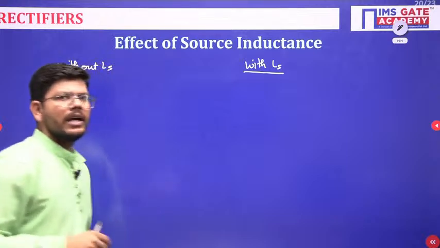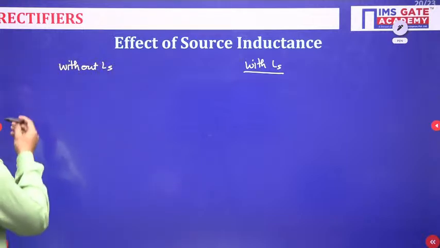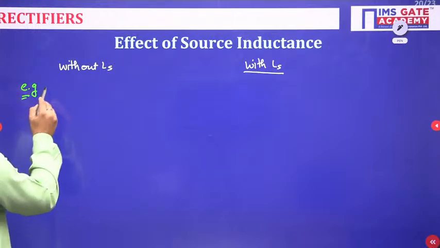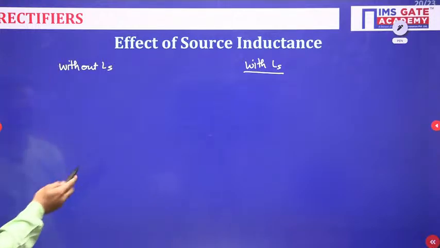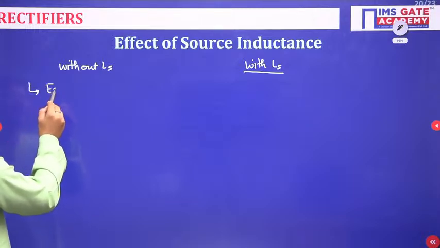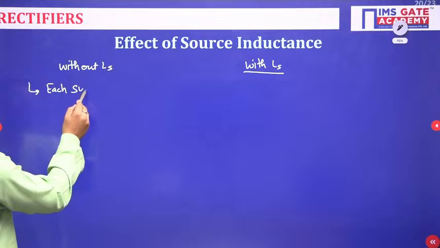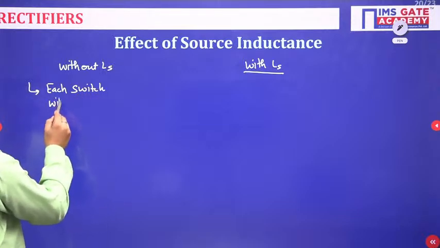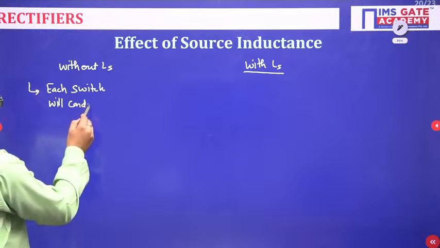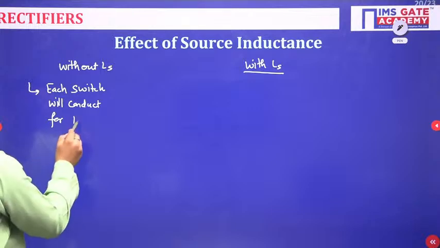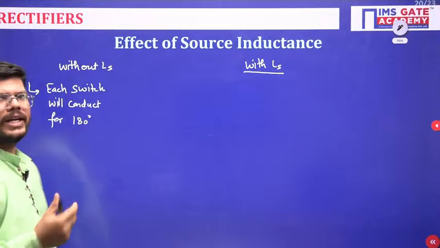Let me take an example of a 2 pulse converter or 1 pulse converter. Without Ls, each switch will conduct for a maximum of 180 duration, isn't it?